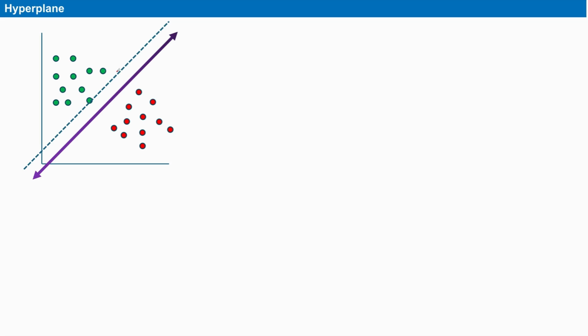In the same way, through the closest negative examples, for example this and this, one more parallel line will be passed, which is called the negative margin. Whatever the distance between the positive margin and the negative margin, for example this, is called the marginal distance.